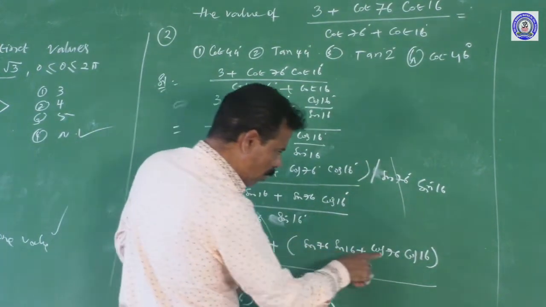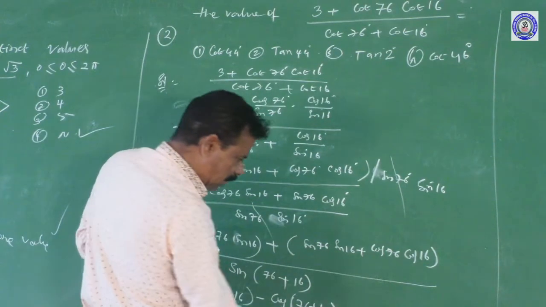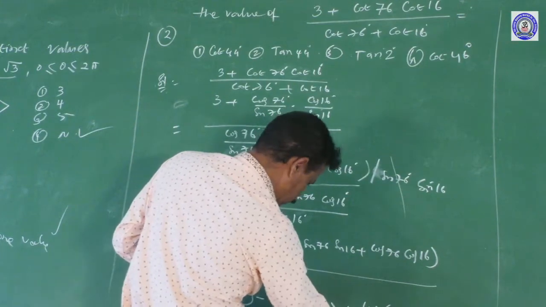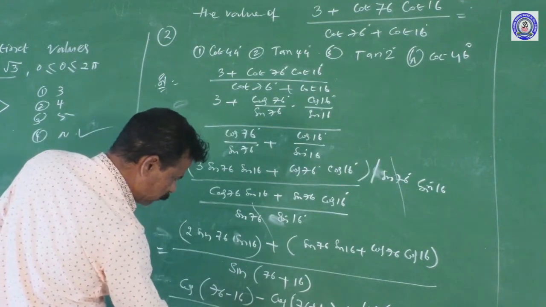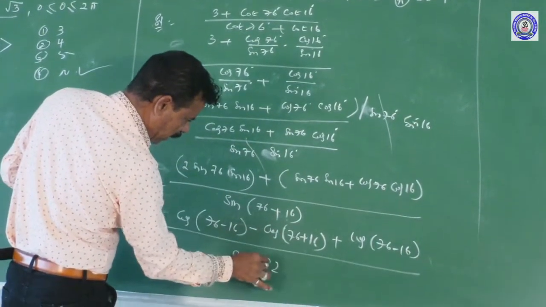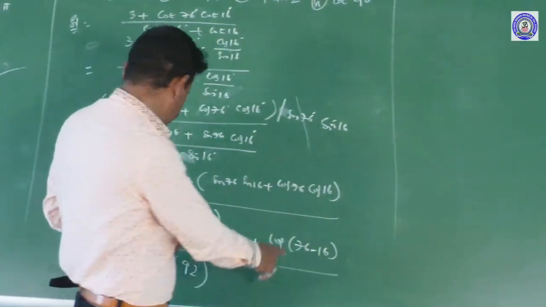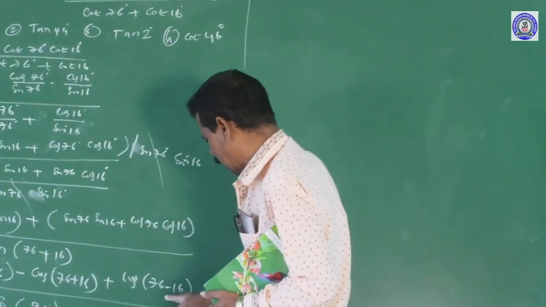And cos A cos B plus sin A sin B is cos of A minus B, that is cos of 76 minus 16. This value is 60, and this is sin 92.